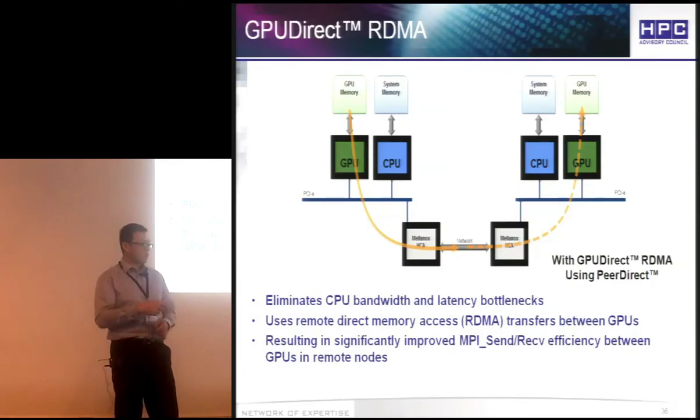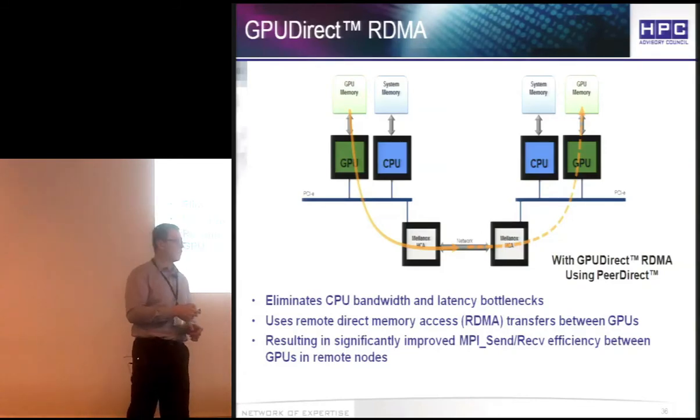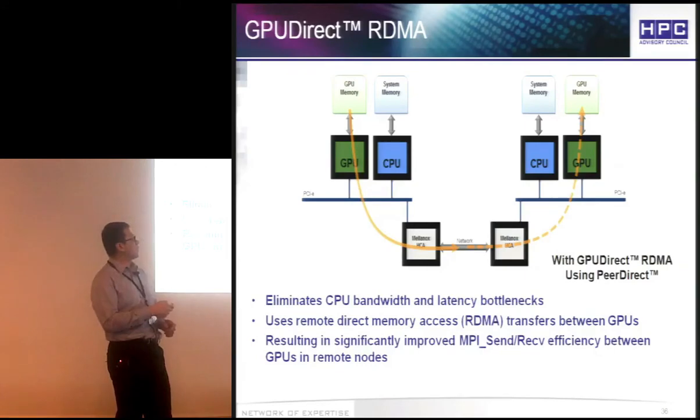With the latest GPUDirect RDMA, you can communicate from your GPU device through the PCIe bus to the InfiniBand adapter without anything happening on the CPU side. It helps because copying back and forth between the GPU and the system host memory is really costly.